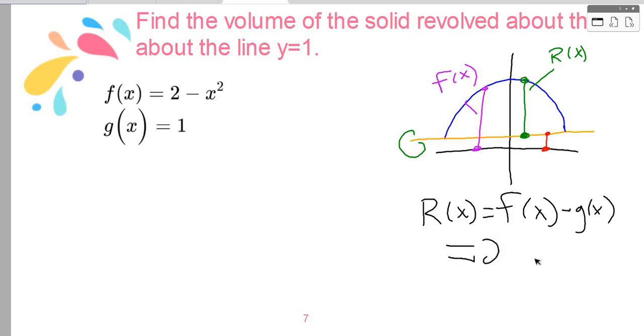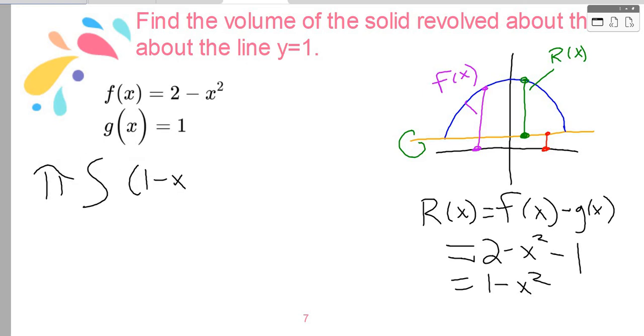So in this case, I have 2 minus x squared minus 1. What does that reduce to? 1 minus x squared. Yep. And so now that's my r. So I have pi times the integral of 1 minus x squared quantity squared dx.